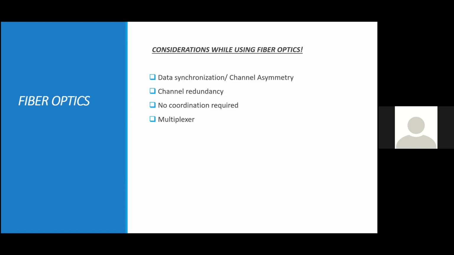We can have two different channels or two different paths of fiber between our local relay and a remote relay. No coordination is required. By no coordination, I mean time coordination. And while using a fiber, we should keep in mind that we might need a multiplexer.